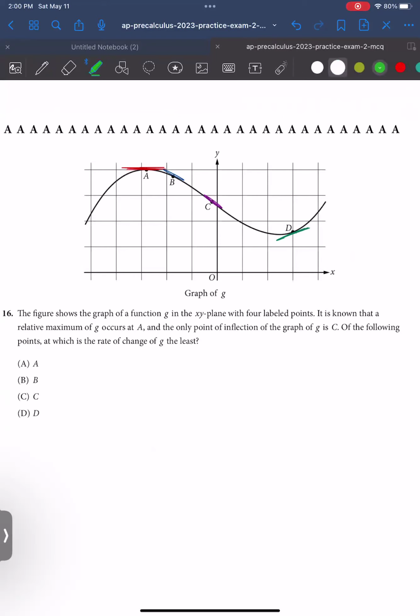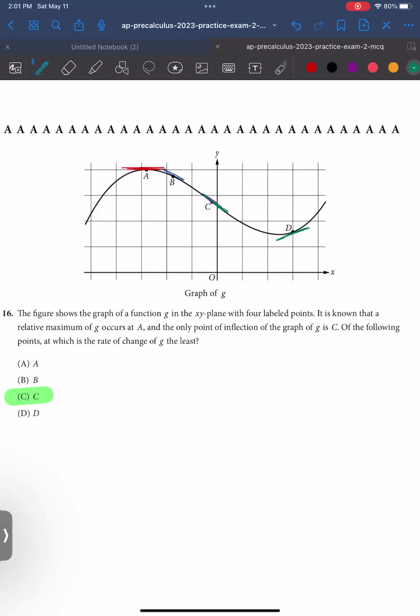Cause I'm thinking which one has like a straighter line? D is on the line. Wait, how is the answer C? The answer is C because, when you look at the graph, the point of inflection is the one where your line is basically right on top of the graph itself, meaning that the rate of change is not going to be very great, right?